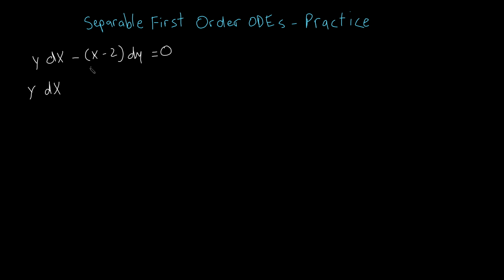So we'll just add this whole chunk over to the other side. And then we have functions that we can divide and multiply. So we will divide by x minus 2, and we'll divide that y over.